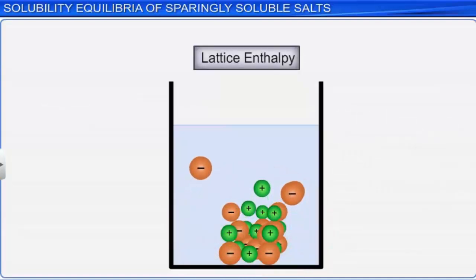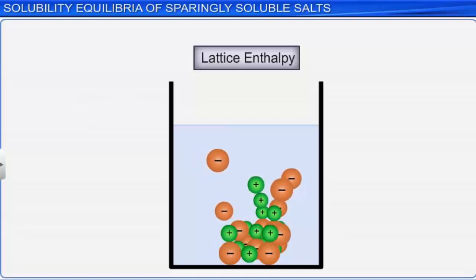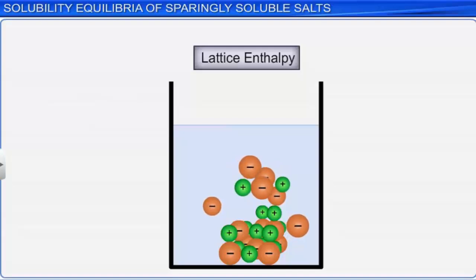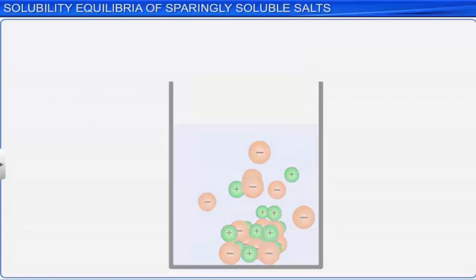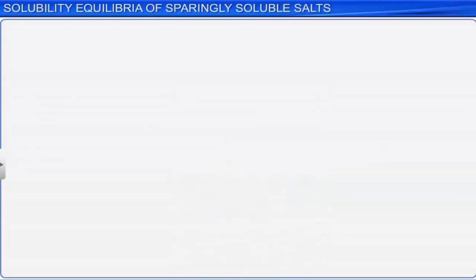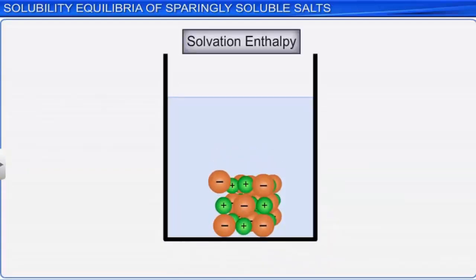Let us once again recap the definition of lattice enthalpy that we have already learnt. The lattice enthalpy of an ionic solid is defined as the energy required to completely separate 1 mole of a solid ionic compound into its constituent ions. When such an ionic solid is dissolved in a solvent, a certain amount of energy is released.